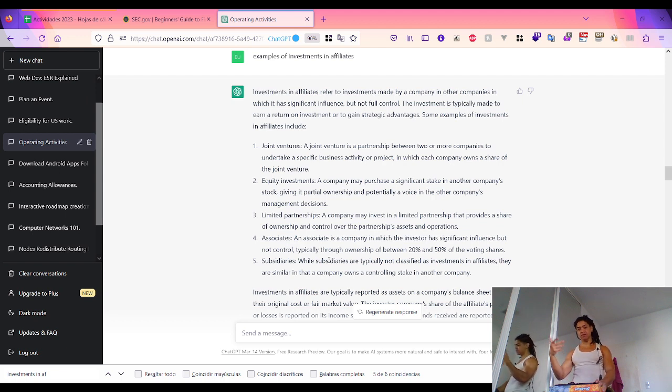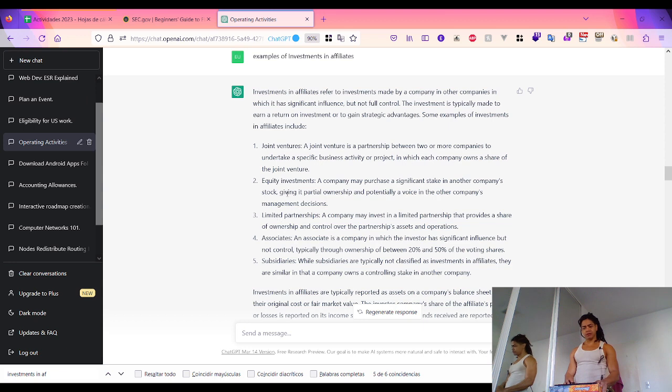This is used as an investment vehicle most of the time, but it has some trade-offs because the limited partners can have influence on the management decision and other decisions. So it is important to know what this limited partnership is, and what the most widely used cases are as an investment vehicle, according to ChatGPT.